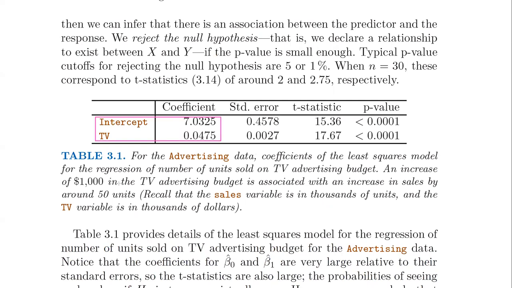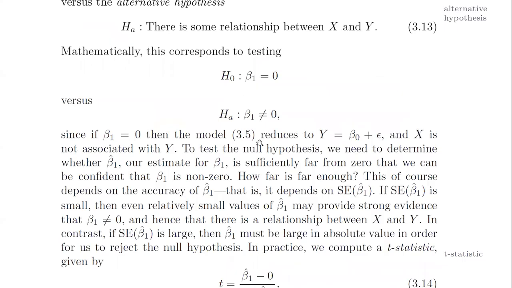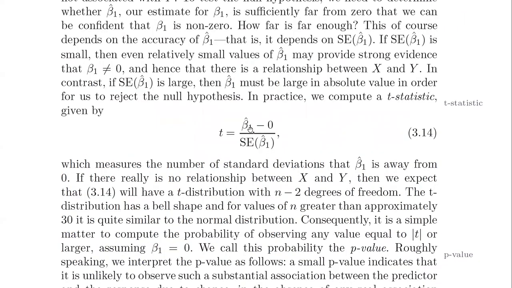You go a step further and you calculate the standard error, both for beta naught and for beta 1. You then calculate the t statistic. And how difficult is that? It's just this divided by this.